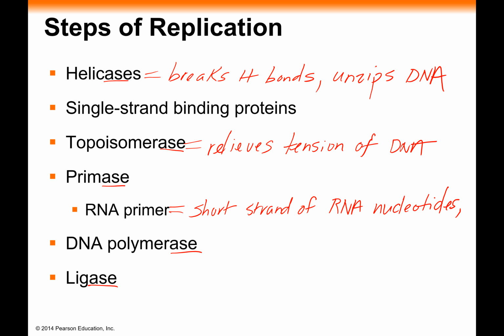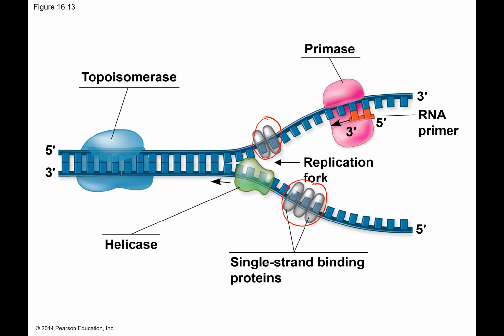Okay, and basically what that will do is it'll insert a free 3' hydroxyl end that's needed to start replication. And so you'll see, primase here, notice it's putting in RNA. Later that RNA will actually be removed and filled back in with DNA.